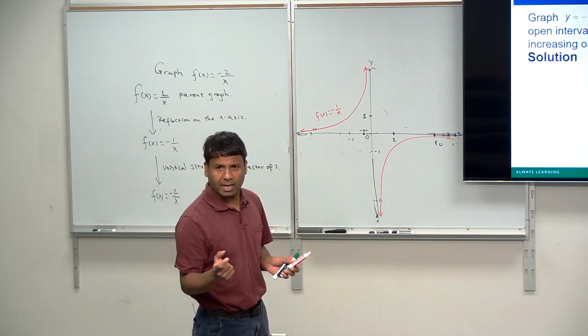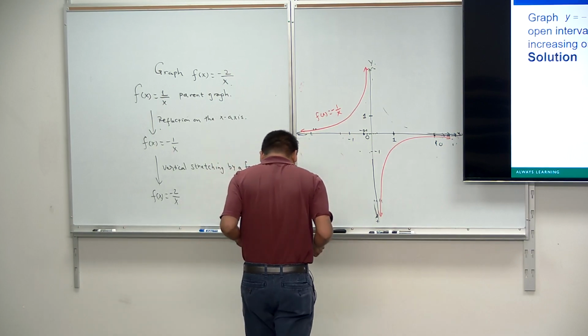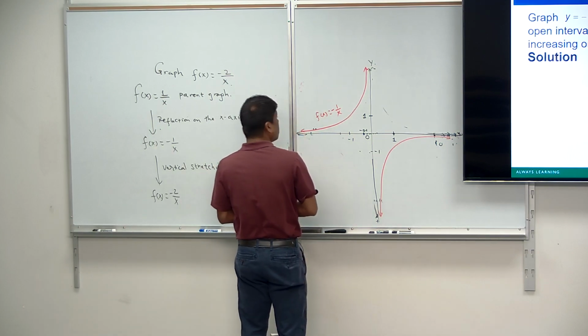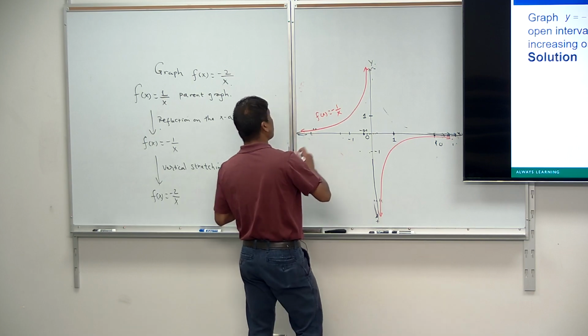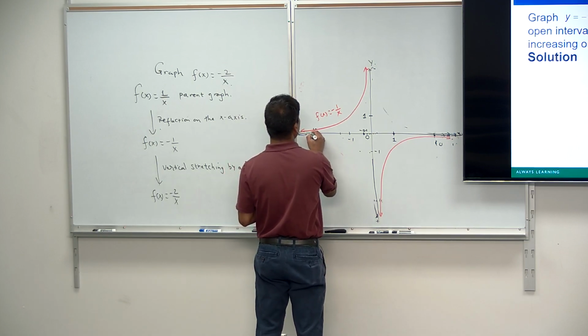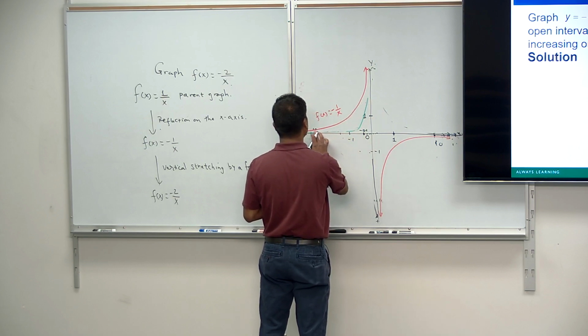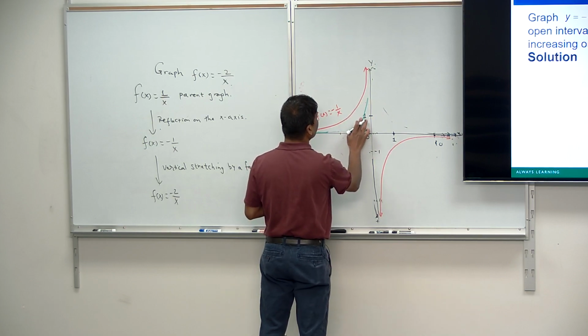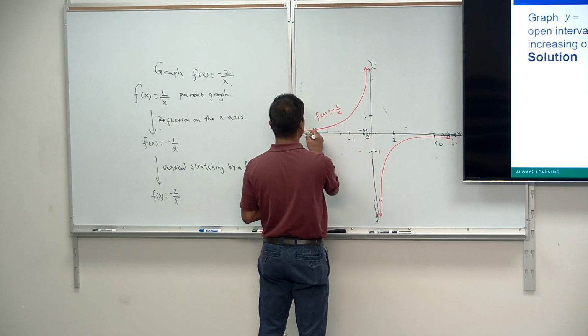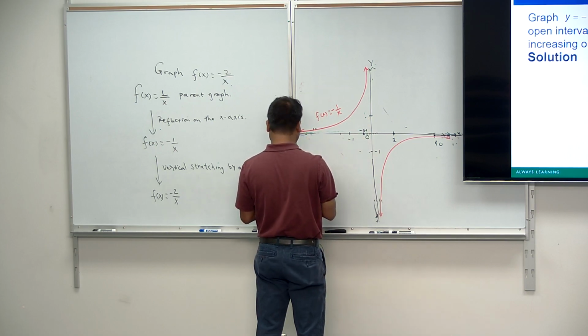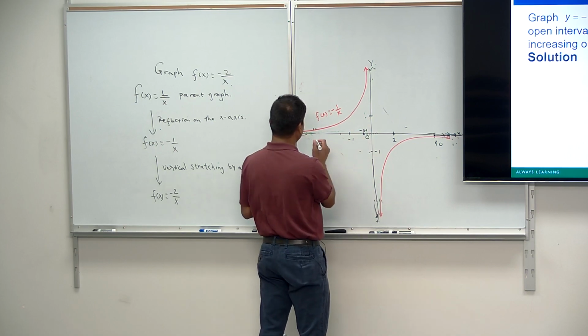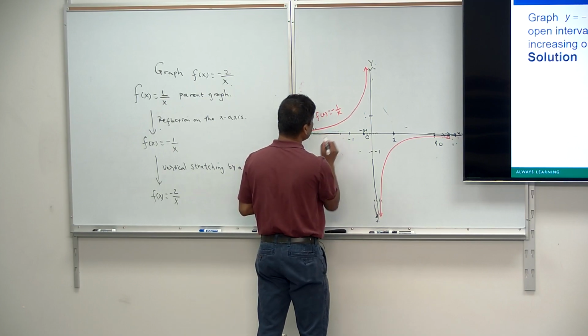You guys know that, right? So if you stretch it vertically by a factor of 2, it should be narrower. I'm not good at drawing this. Hold on a second, guys. Just a second, okay? So you have this.